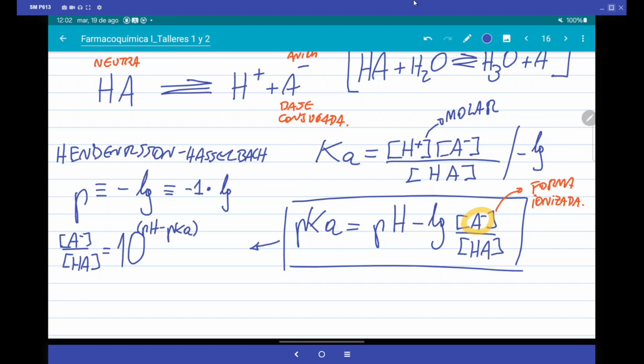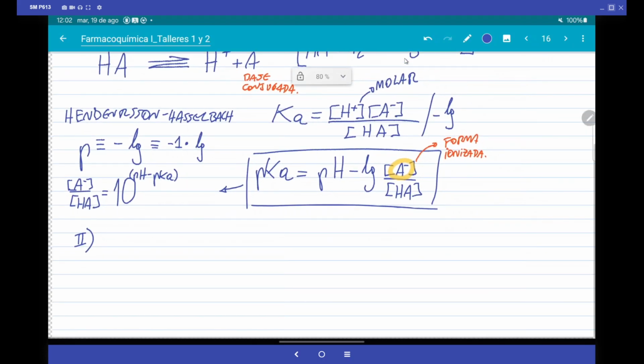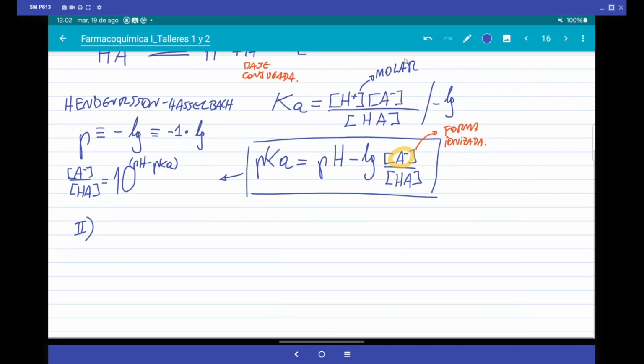That would be another form, the exponential form of representing this equation. So nothing new, only playing a little bit with the numbers in a very elementary way. Now the second case, the case of the basic drugs.